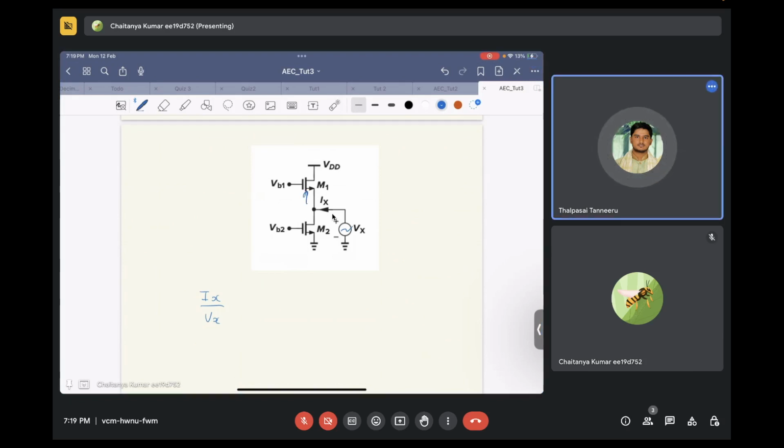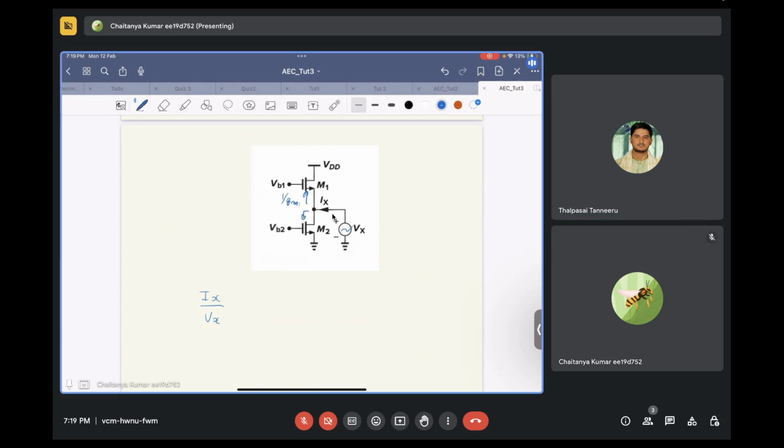Yeah, 1 by GM1, sir. What is the looking in impedance in the bottom? Considering channel length modulation, it should be R01, R02, and there will be one looking in impedance due to R01 also, right? Yes, sir.